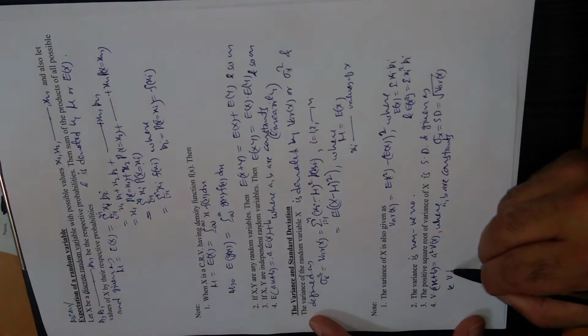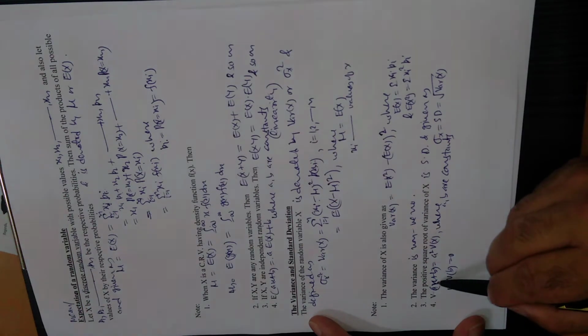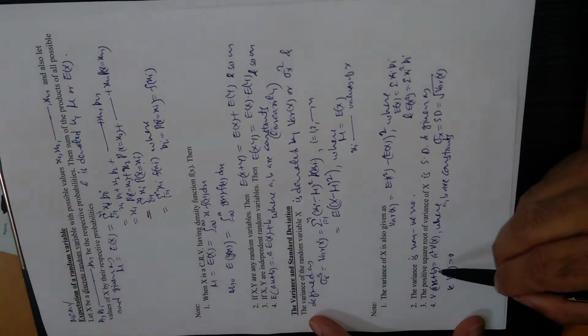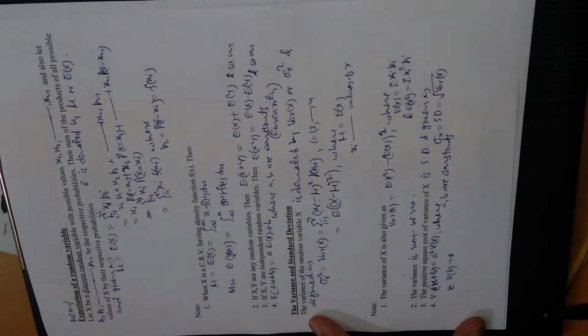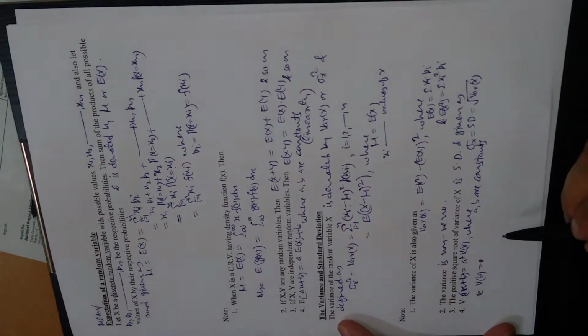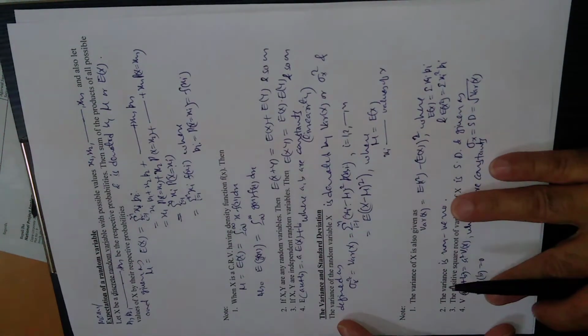And if a constant multiplies a variable, that constant comes out in square form, and the rest is the variance of that variable. Must remember, variance of a constant is 0, whereas expected value of a constant is the constant itself.